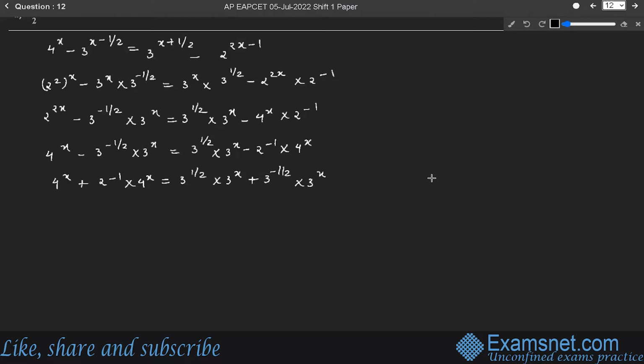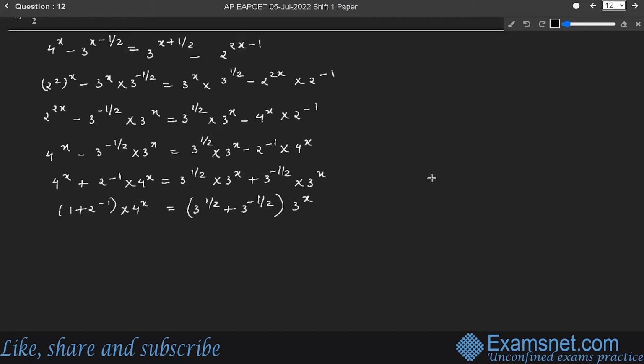Now, factoring the expression, taking 4^x common, the remaining terms will be 1 + 2^(-1). It is equal to 3^(1/2) + 3^(-1/2), and the common term is 3^x.